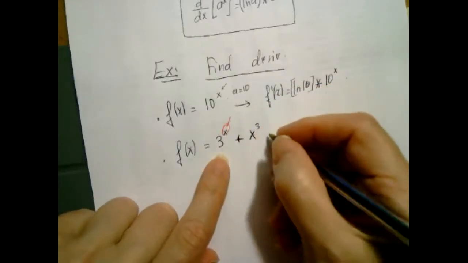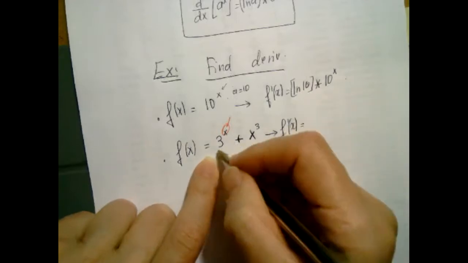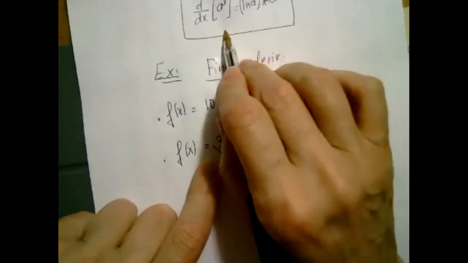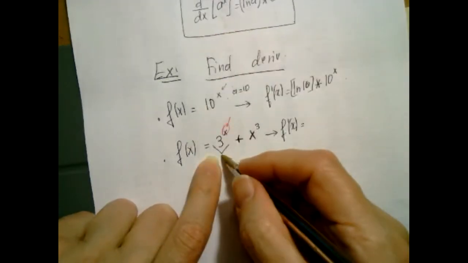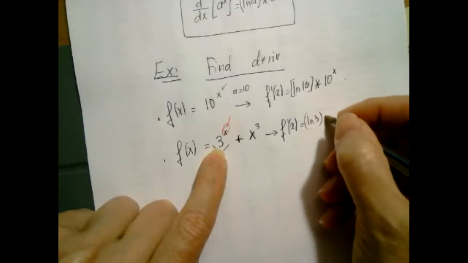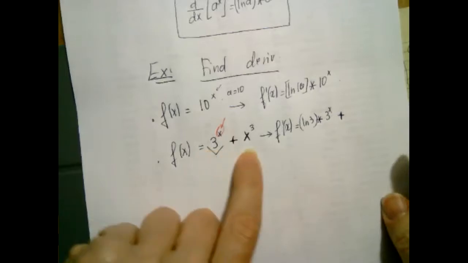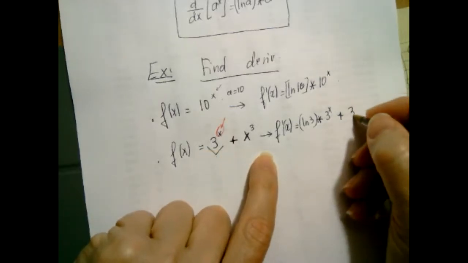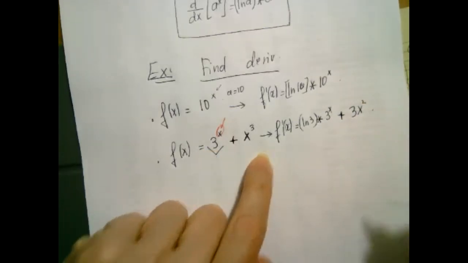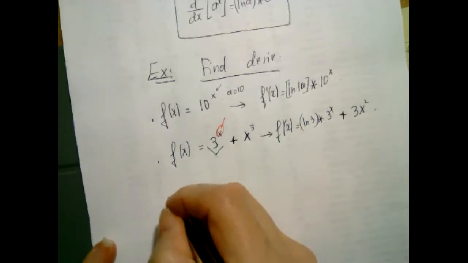So what's my derivative? 3 to the x is a typical exponential with a equal to 3. That's the base. So this is ln of 3 times 3 to the x, plus x cubed is just a power, the derivative is 3x squared.